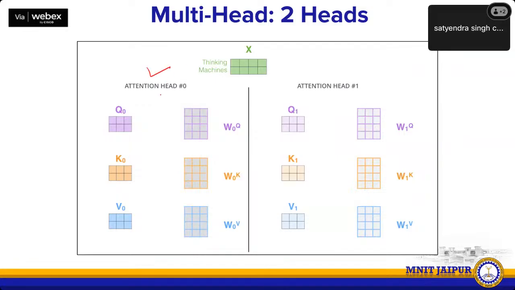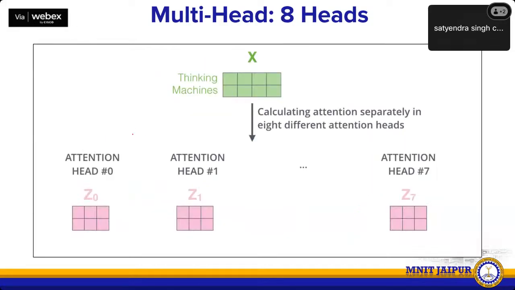For example, one attention has its own query, key, and value matrix, and the second attention has its own query, key, value matrix, and different attentions calculate different context representations, which might be focusing on different aspects of the input.